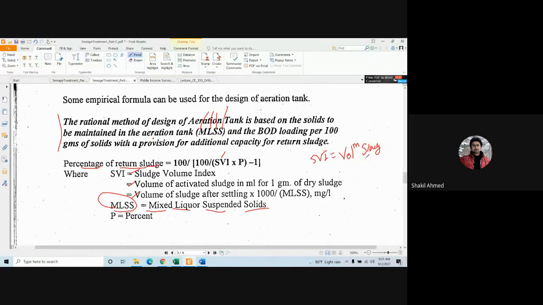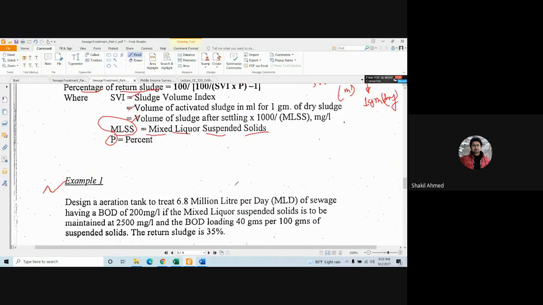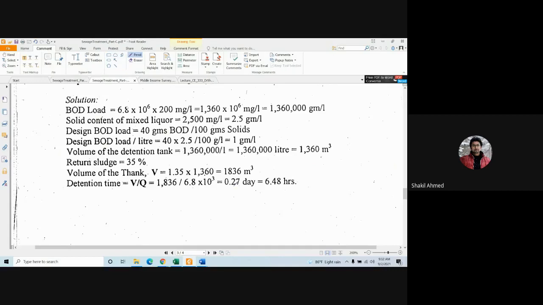That much of sludge which will have a weight of 1 gram when it is dry. That's it. And this volume is in milliliter. That's it. And P is the percentage. Okay.